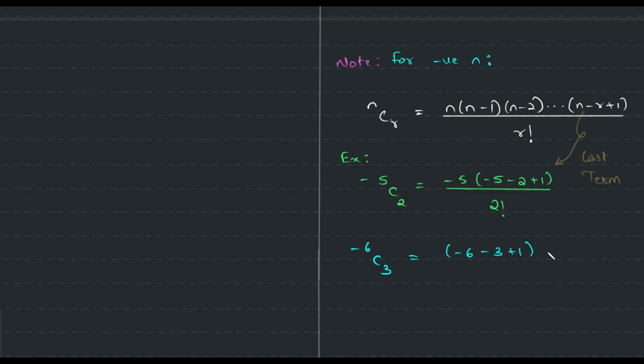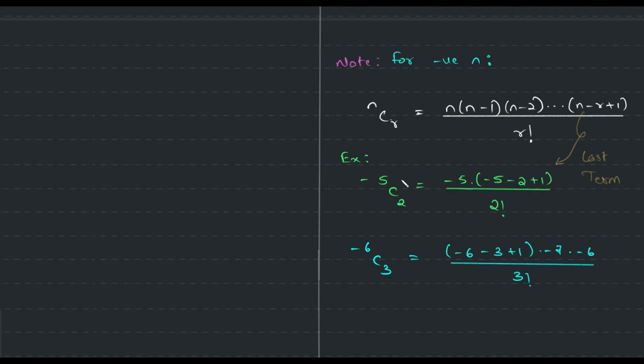So minus 8, minus 7 and minus 6 will be part of the series, and this entire expression will be divided by 3 factorial. So you go the other way around. You can't use your traditional n factorial by (n minus r) factorial, r factorial. We can't do that. We have to use this directly.